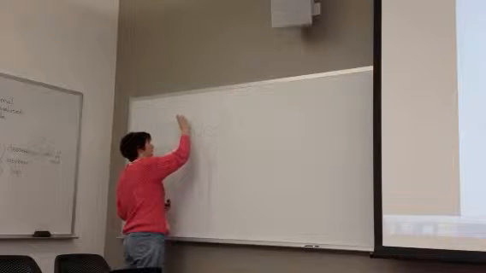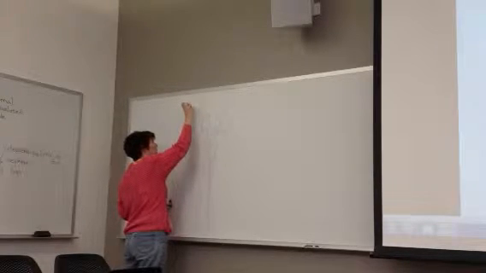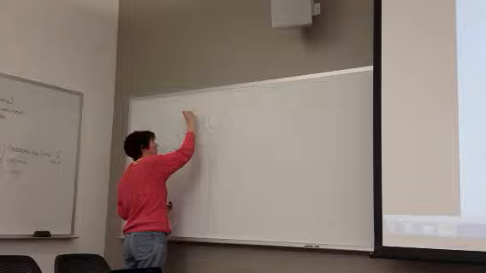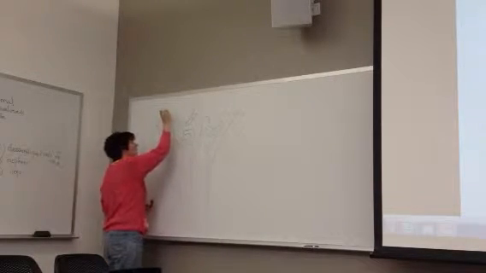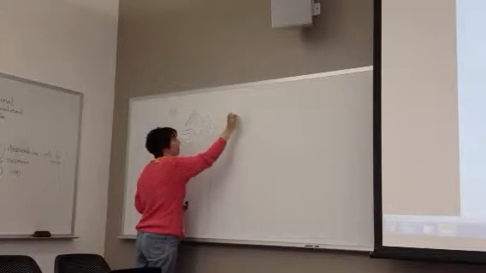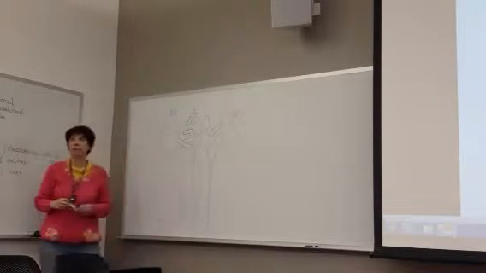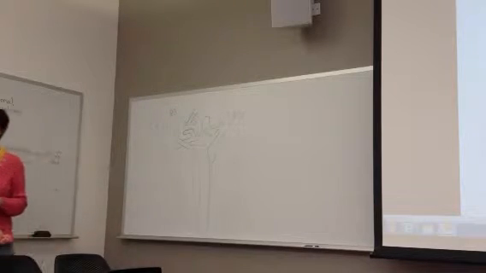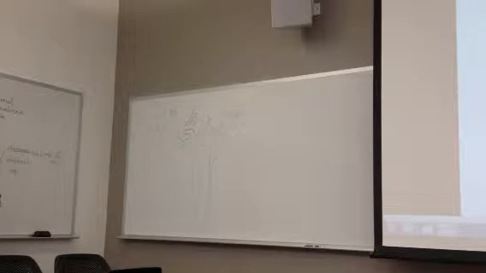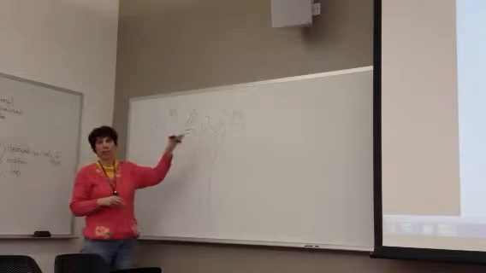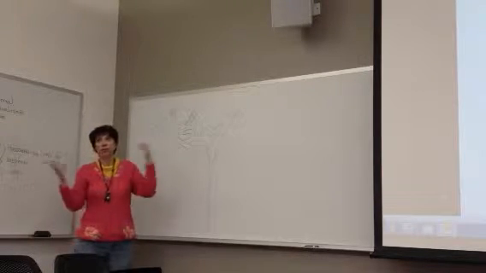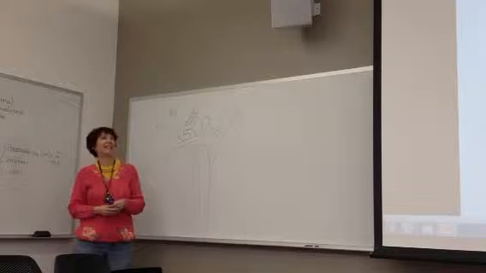So our Bowman's capsule, our proximal convoluted tubule, our distal convoluted tubule are structures that are always and only found in the cortex. Those three? If you see those on a histology slide, you will know that you're looking at the cortex of the kidney.